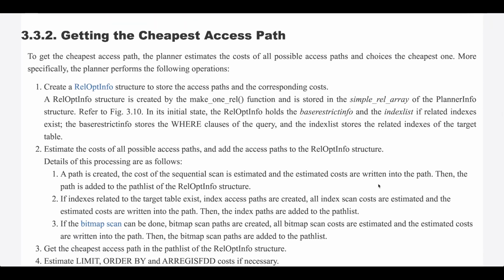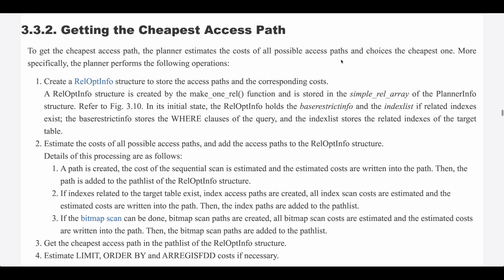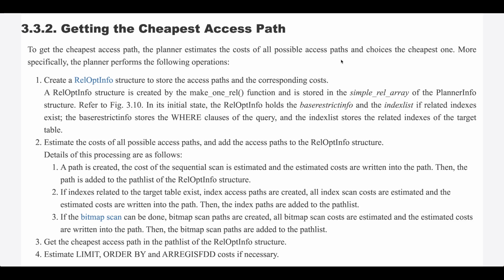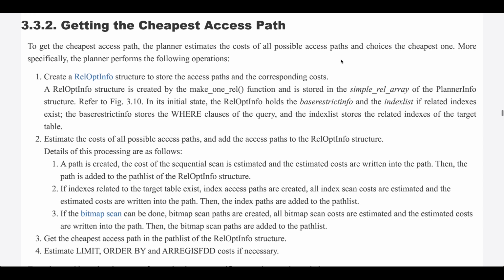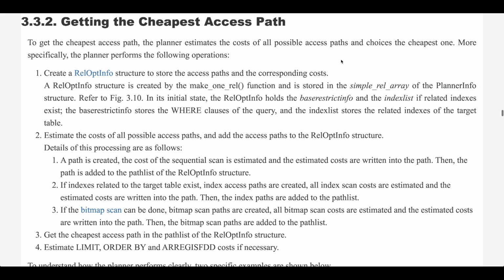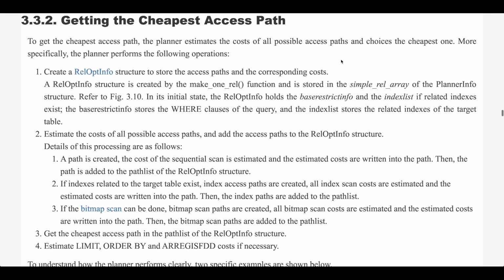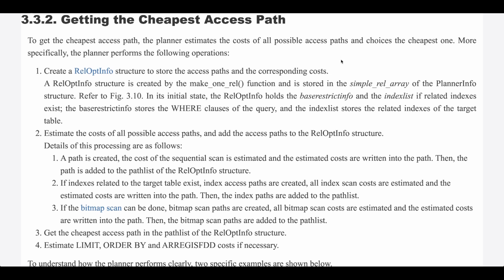3.3.2 Getting the cheapest access path. To get the cheapest access path, the planner estimates the costs of all possible access paths and chooses the cheapest one. More specifically, the planner performs the following operations. First, create a RelOptInfo structure to store the access paths and corresponding costs.